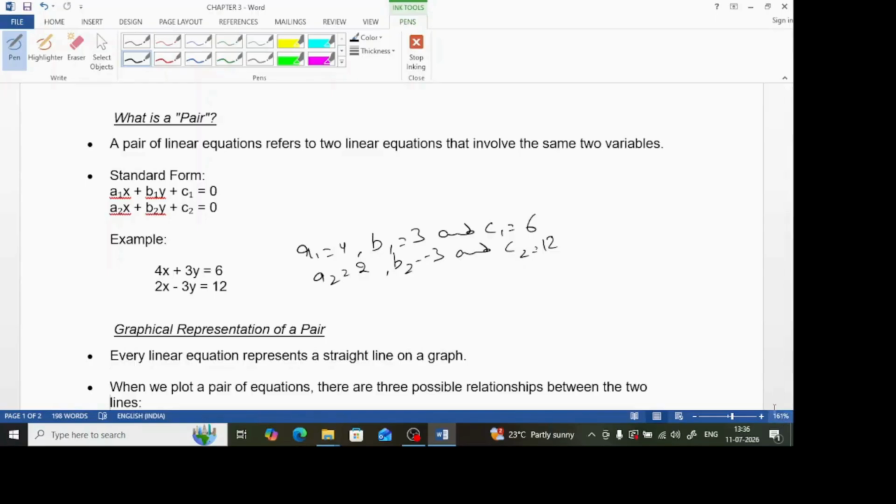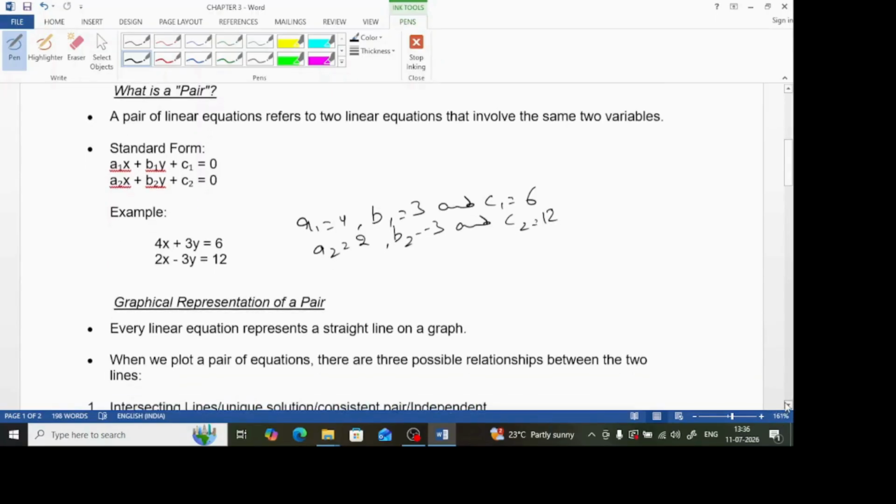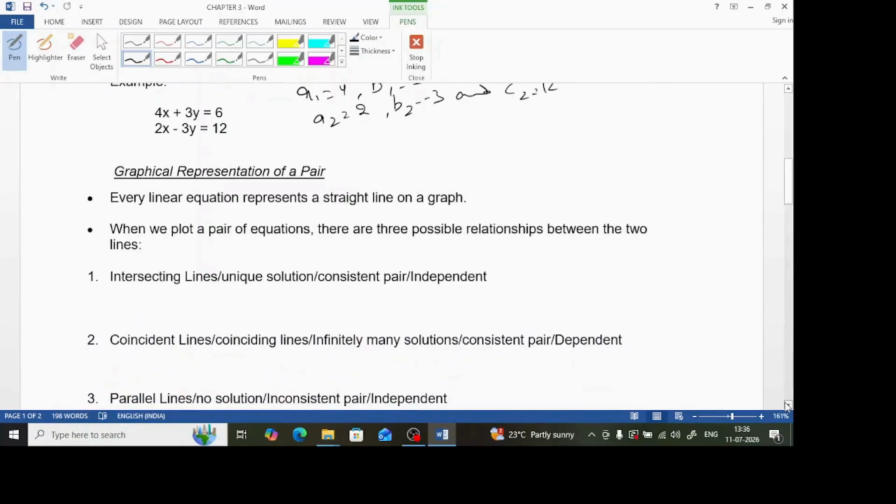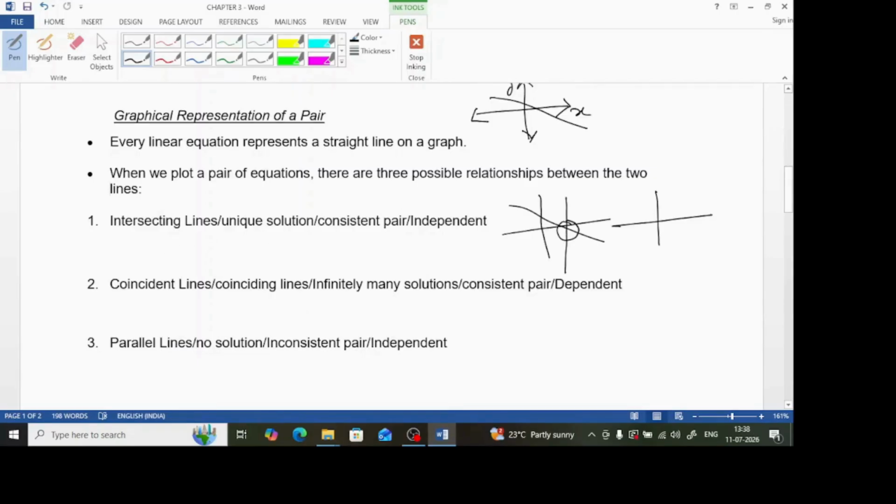So let us move on. When we represent this pair of lines on a graph, every linear equation represents a straight line. Let us understand with the help of an example. This is our graph. Here it is the x-axis.